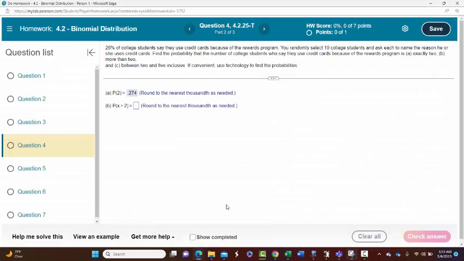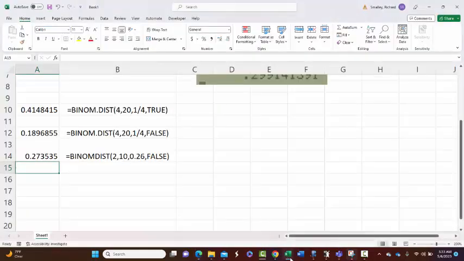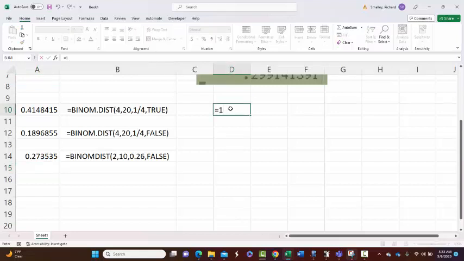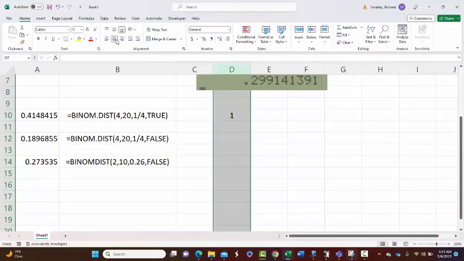Greater than 2. Now I'm going to use Excel for another reason here. So I'm going to put equals 1, to kind of give you a visual here. No, I guess it won't.